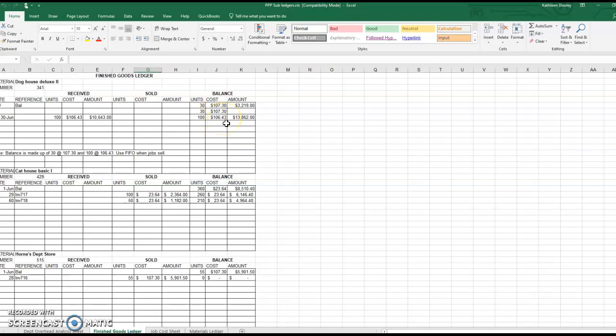So when I go to sell 40 units, I'm going to sell 30 of those units at 107.30, which is 32.19 cost. Then the other 10 units will be at 106.43.